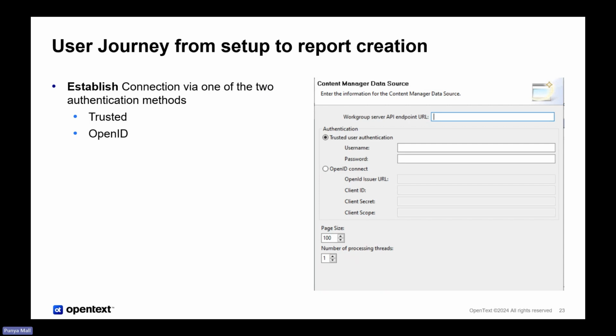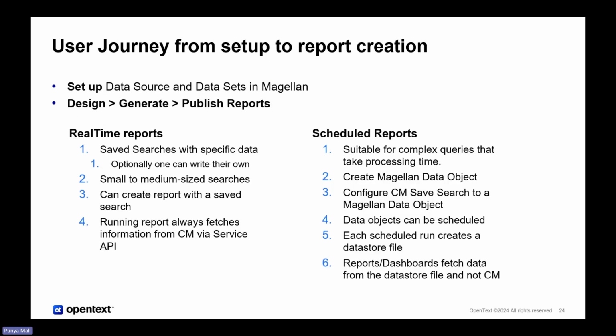The page size and the number of processing threads depend on how much bandwidth you would want Magellan to use to fetch and process the data within itself. That depends on the search performance. If a particular search is not working properly, you can play with the size. You can increase the size to increase performance a bit.